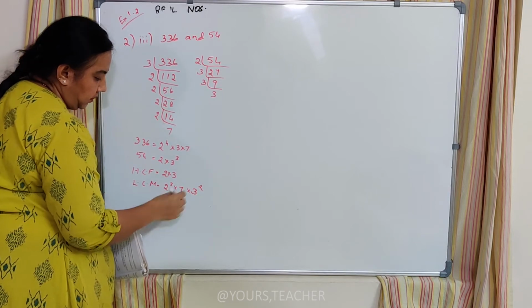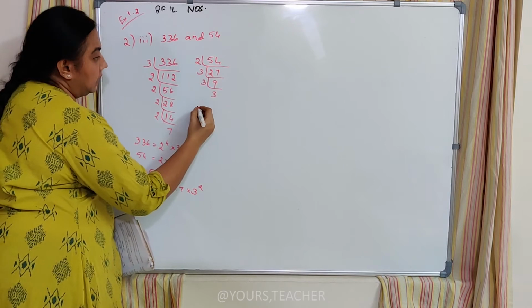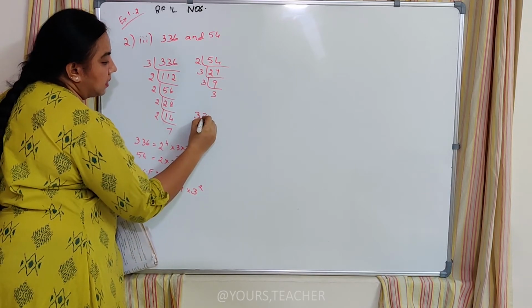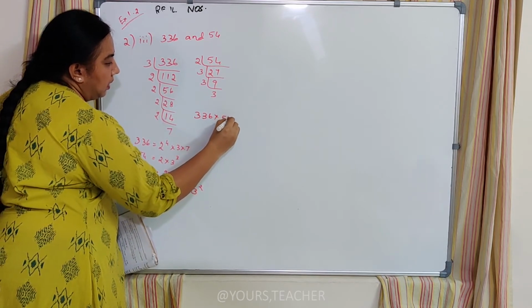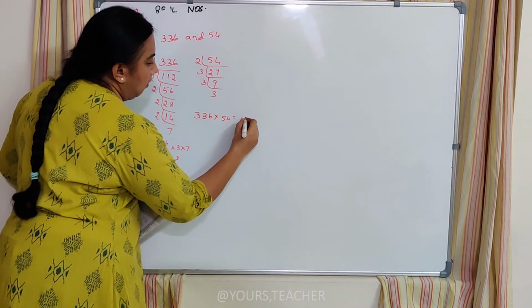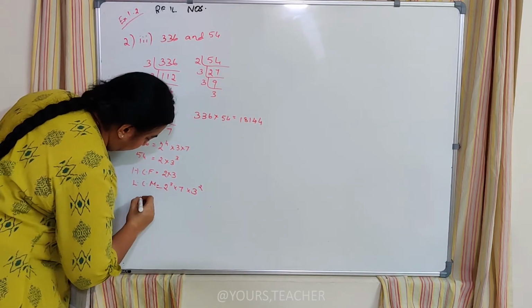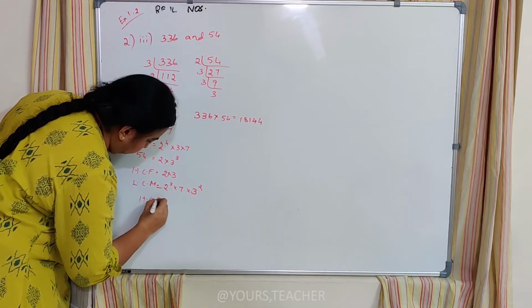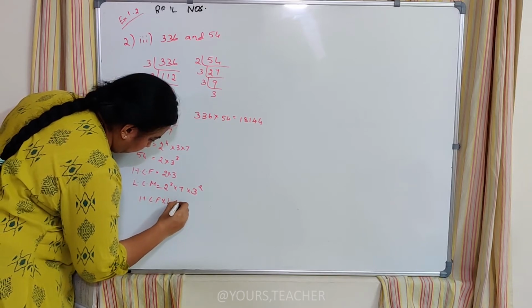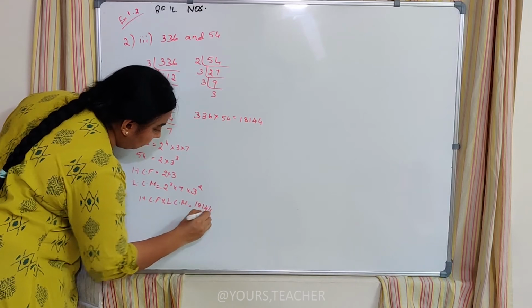This becomes the LCM. When I multiply 336 into 54, I calculated it before, and it equals 18144, and HCF into LCM is also equal to 18144.